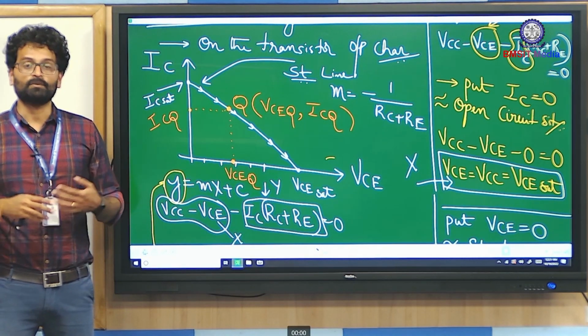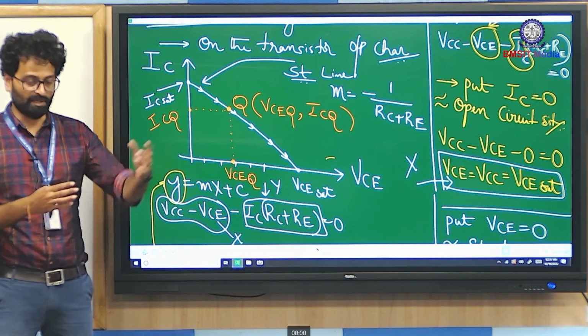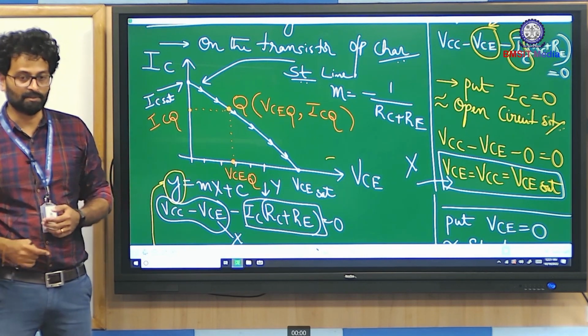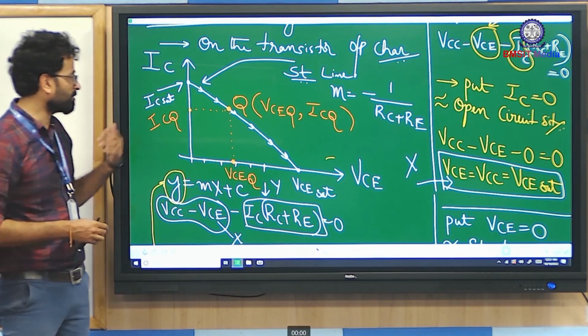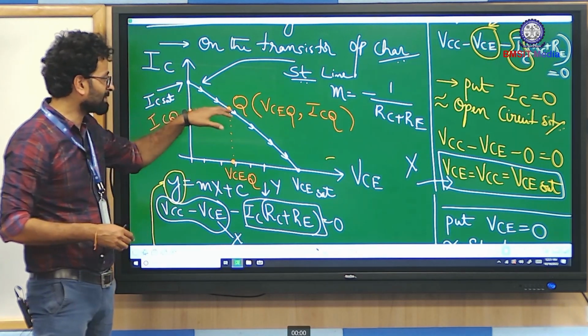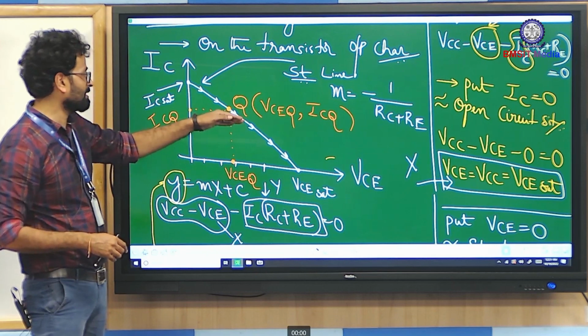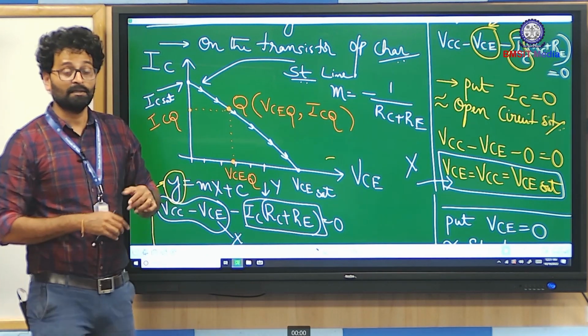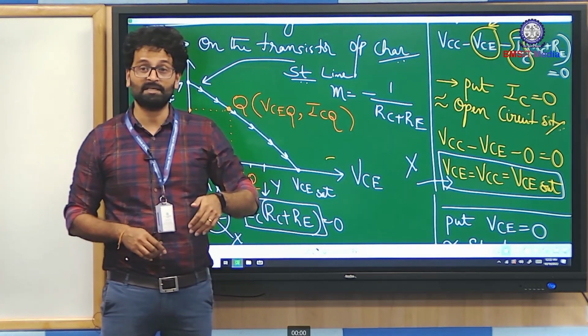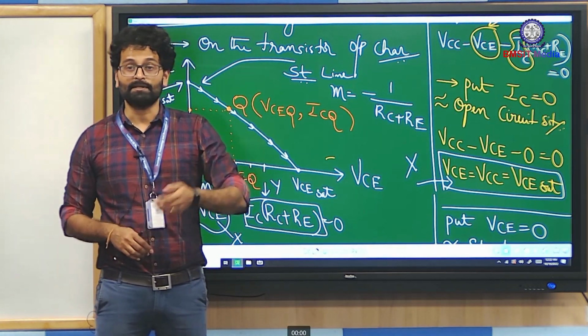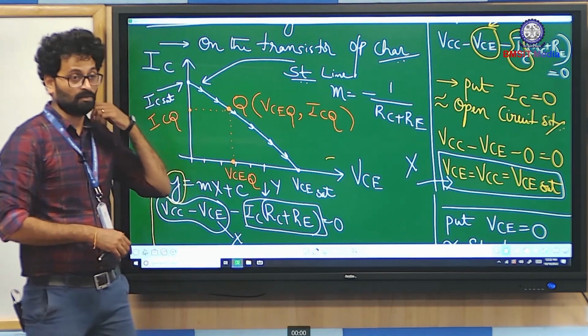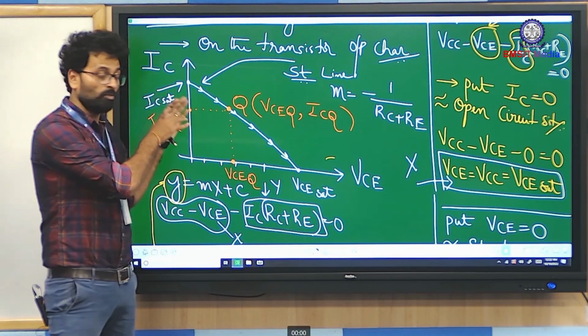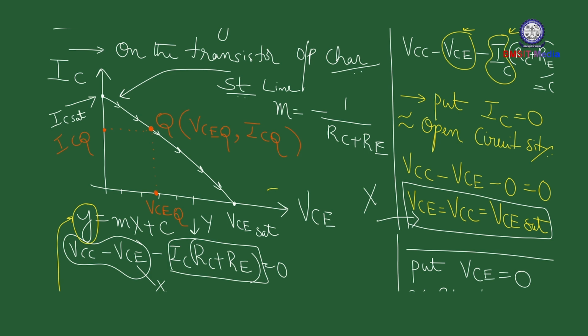Let's say you want to design an amplifier, and by designing the biasing circuit you find that the operating point is not placed at the center of the load line, but is closer to the saturation region. Then you may have to revisit your design and change the resistor values in such a way that the Q point comes at the center of the load line. This is only for amplifier operation.